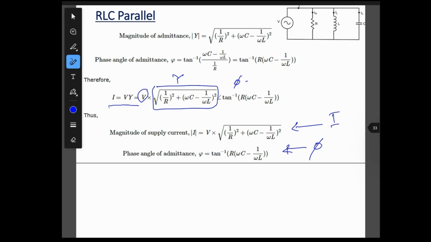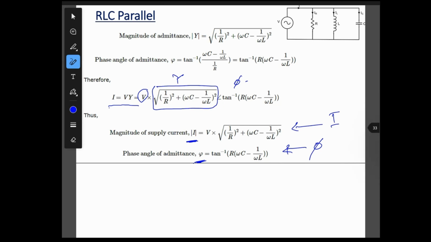I is equal to V times Y. This one we call the magnitude of the supply current, I magnitude. This one is the phase angle of the current. So any question? How to find current and how to find phase angle?